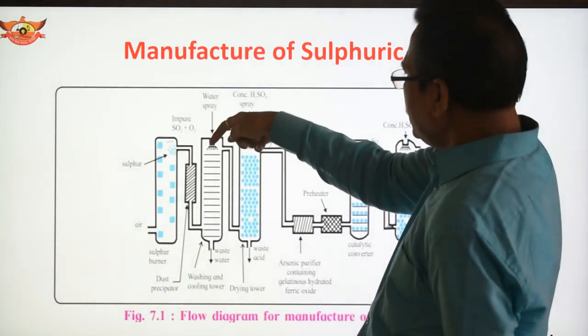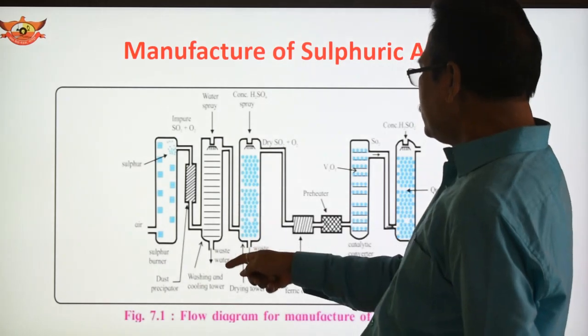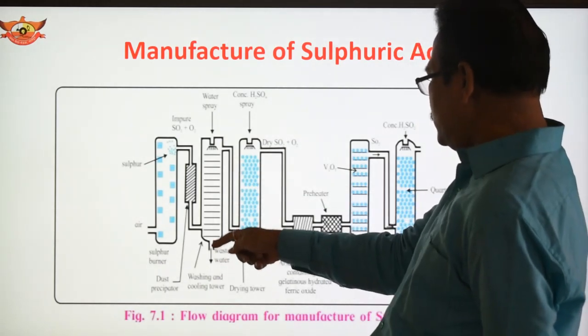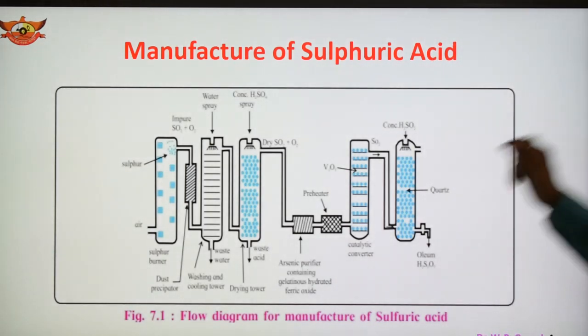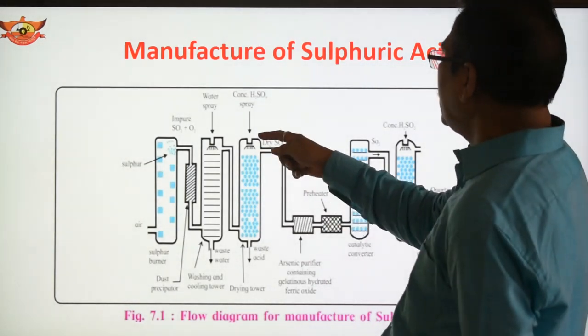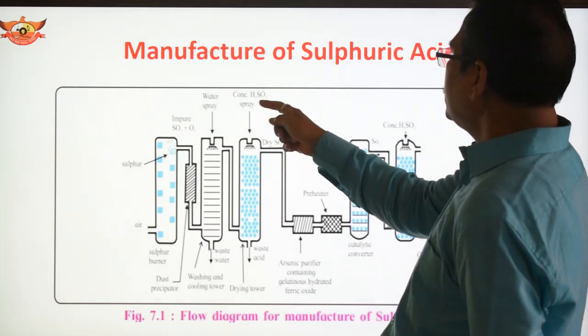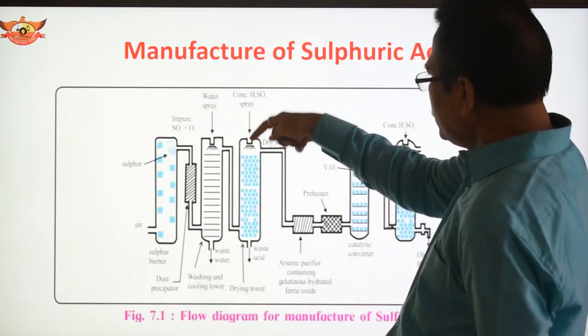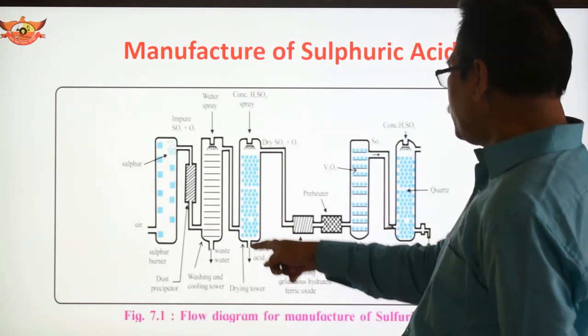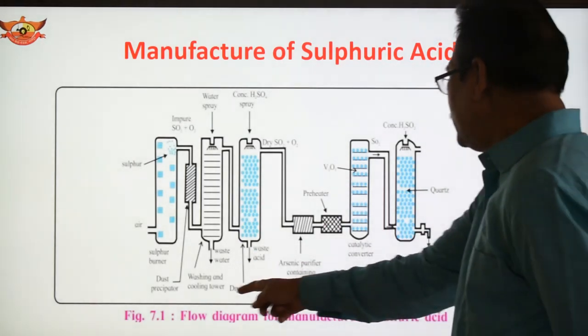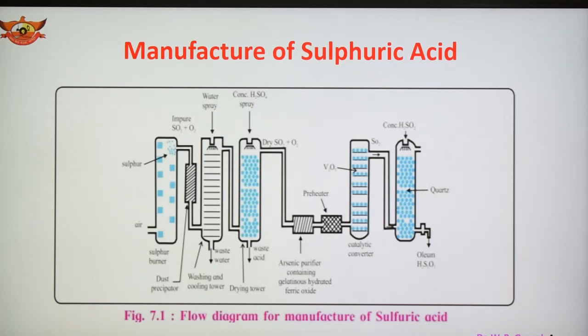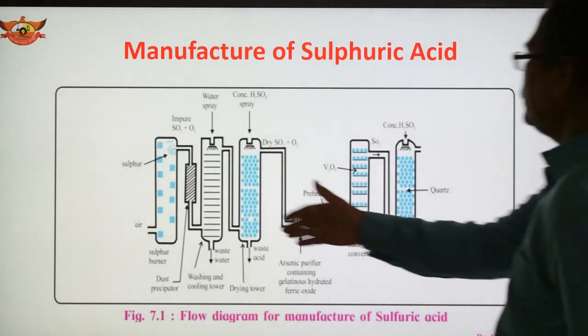Here is a water spray, so this is the outlet for the wastewater. Washing and cooling take place here, and after that there is another chamber. Here there is a constant H2SO4 spray, and wastewater again goes out from here, and this is the drying tower. So drying is taking place here.